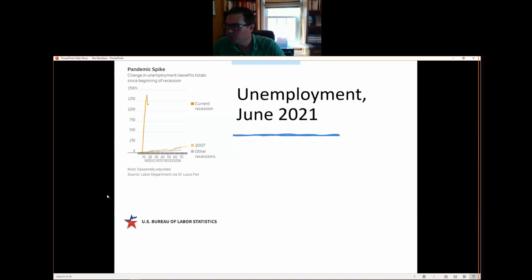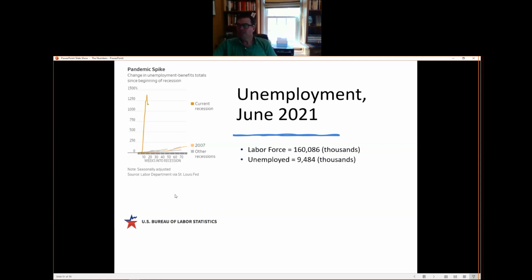And what does it look like today? Well, the labor force has about 160 million people in it. Of that 160 million, 9.4 million are unemployed, and that's why the rate today is 5.9%. Another important statistic is there are 260 million Americans in the United States.